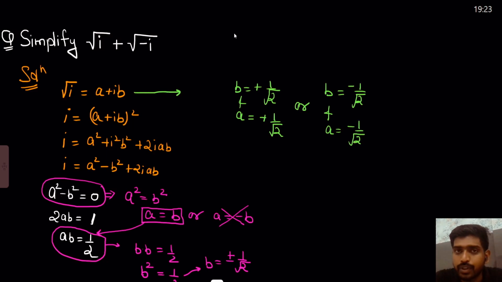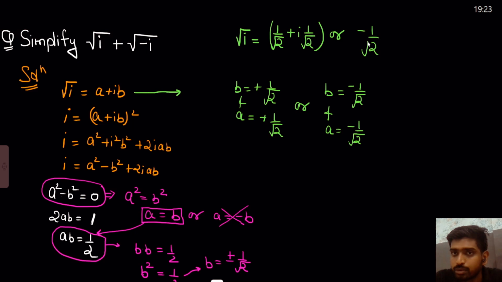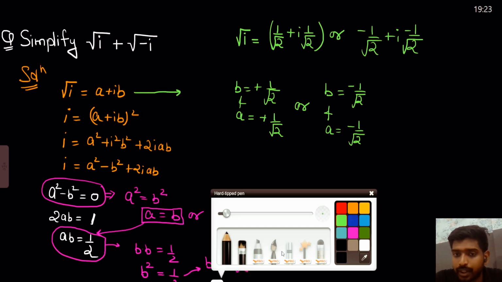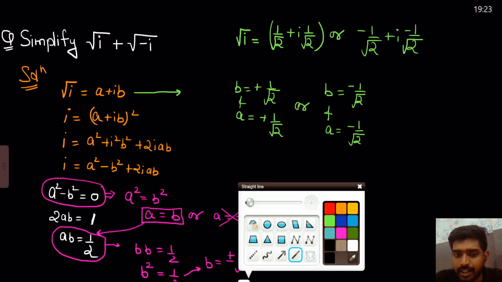So we got the value of under root of iota to be 1 by root 2 plus iota times 1 by root 2, or minus 1 by root 2 plus iota times minus 1 by root 2. Any doubt? It is very interesting, right?